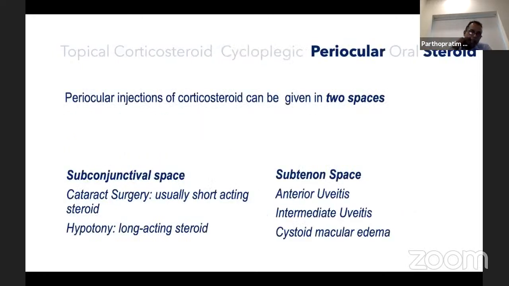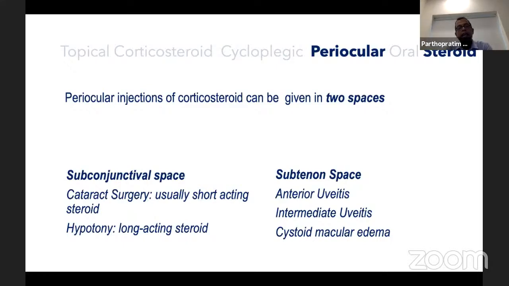Now, coming to the periocular steroid. Of late, the periocular steroid has become less popular because we now have intravitreal steroid. But you have to understand that periocular injections can be given broadly in two spaces. One is the subconjunctival space, where, I don't know about many of you, but in our center, especially in the peripheral setting where we do a lot of community work, after cataract surgery we inject a short acting steroid.